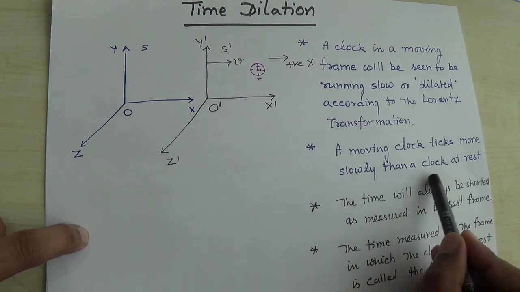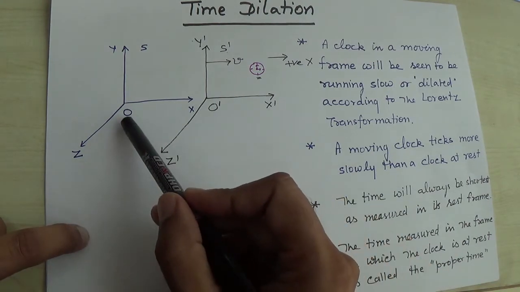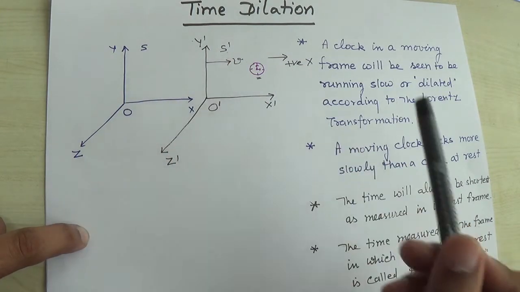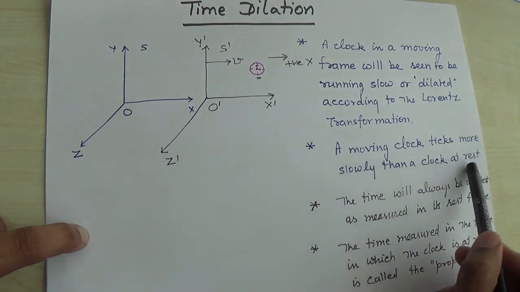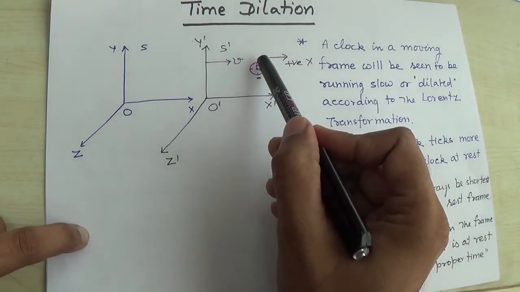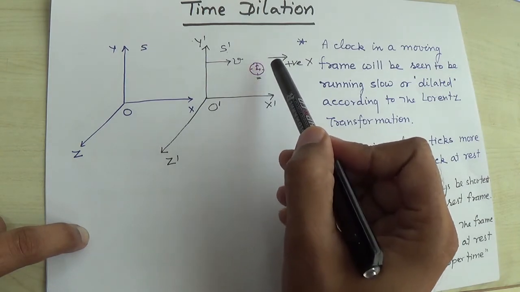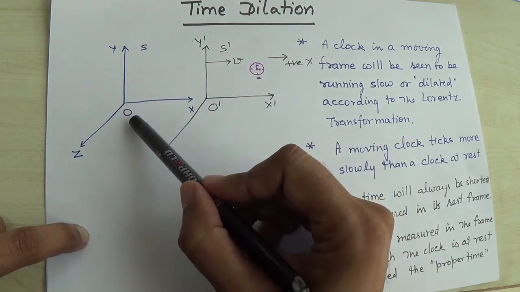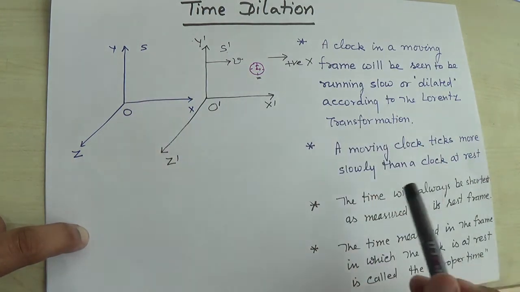This point is very important in time dilation, and this statement is according to the observer O, who is in the stationary frame with respect to S prime. Tick means the needle of the clock going tick, tick, tick. The time interval between two ticks is longer for this observer O in the stationary frame.